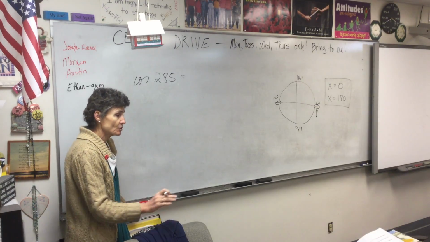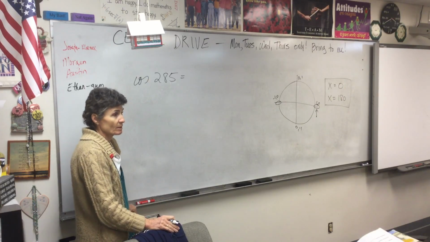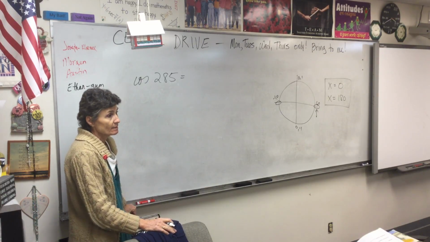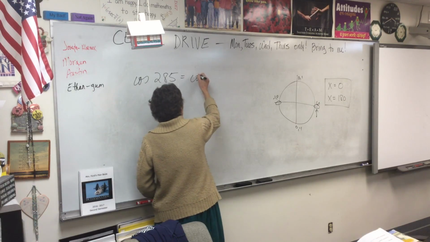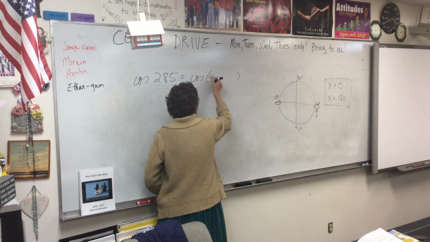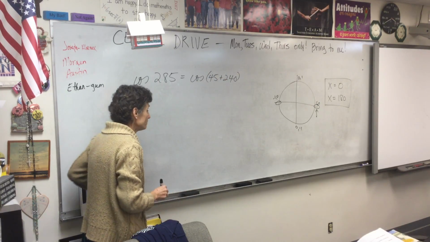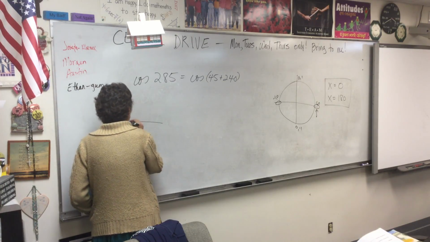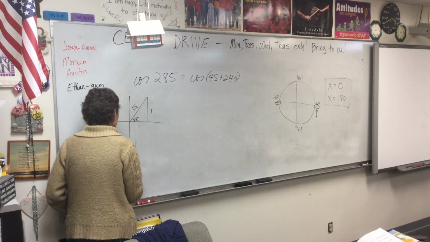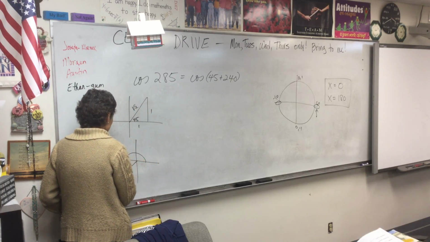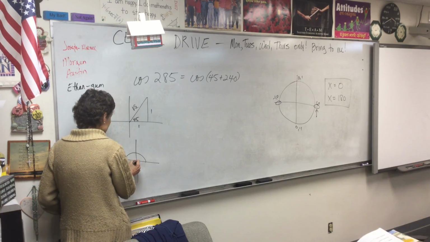So here we go, cosine 285, step 1. I guarantee this is going to be a question. You're going to have to do something like this. Cosine 285. What am I going to break that into? 45 and 240, that's one option, a great option. 45 is obviously a good choice. 240 is a good choice because what's the reference angle for 240? 60.